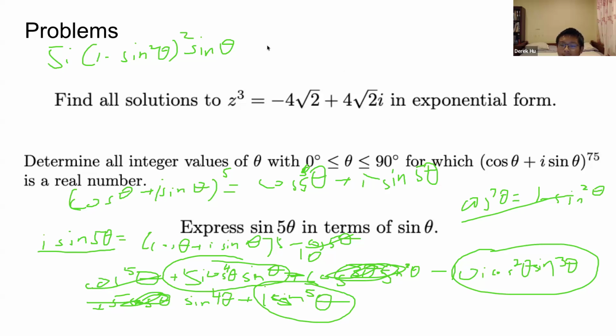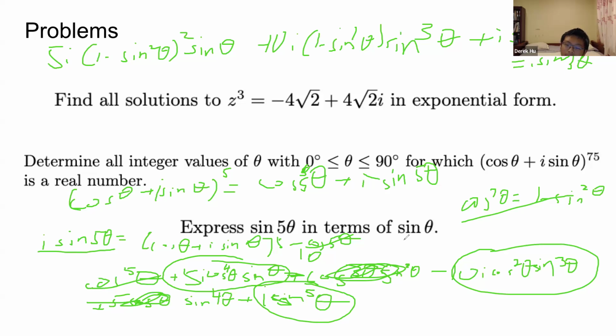And for the next term we have minus 10i times (1 minus sine squared theta) multiplied by sine cubed theta. And for this last term, there's no cosine in it, so it's already in the right form. And then all this is equal to i sine 5 theta.